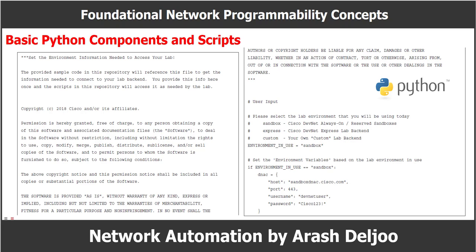This example shows a Python script that sets up the environment to log into the Cisco DNA Center sandbox. This script uses the same credentials used with the token API earlier in this video, and you know that we implemented the Cisco DNA Center API connectivity. As you can see, this Python script starts with 3 quotation marks.